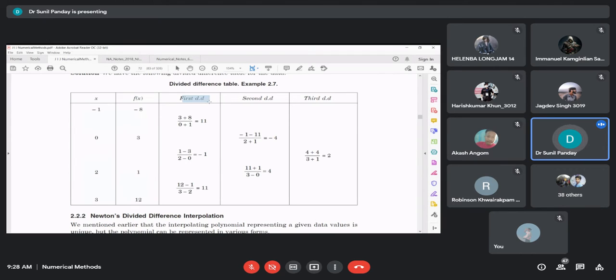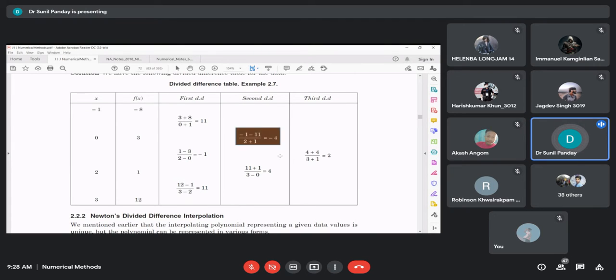First order divided difference: 3 minus minus 8, that is 3 plus 8, divided by 0 minus minus 1. This is the first order divided difference between these two values. The first order divided difference between the next two values is 1 minus 3 divided by 2 minus 0, that is minus 1, and then this minus this divided by 3 minus 2.